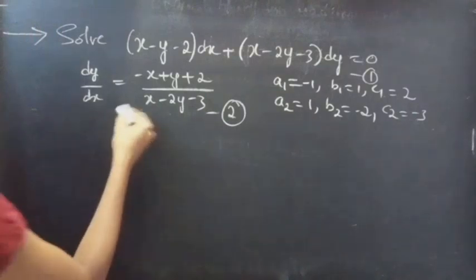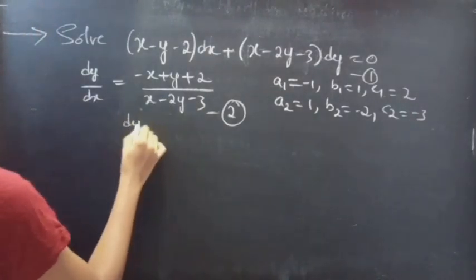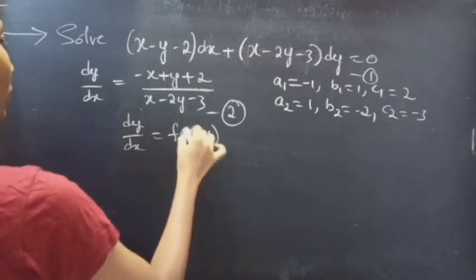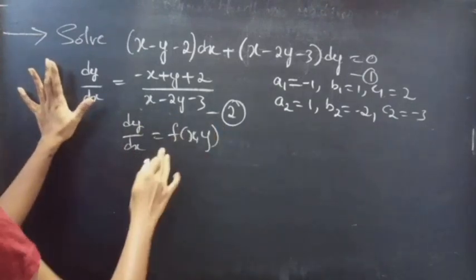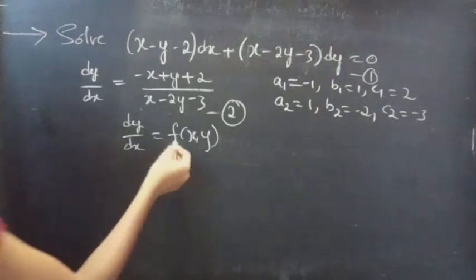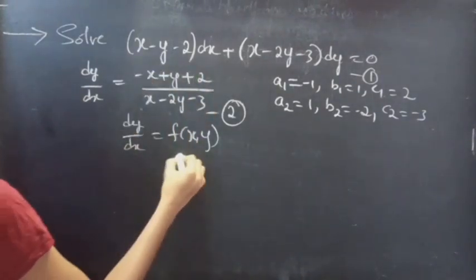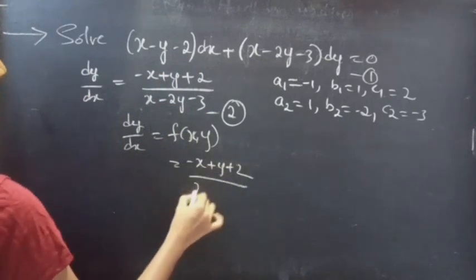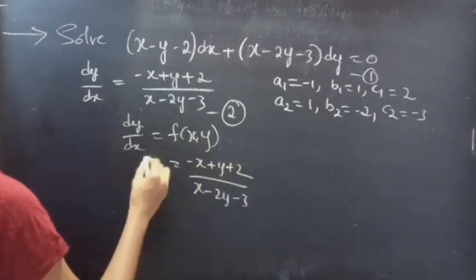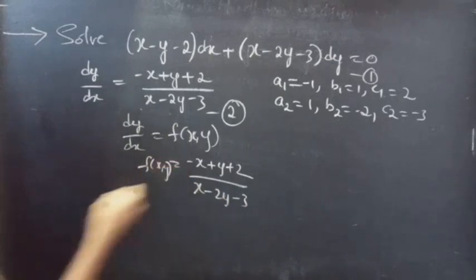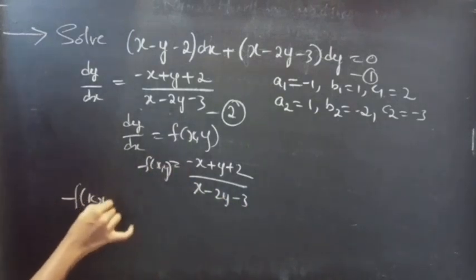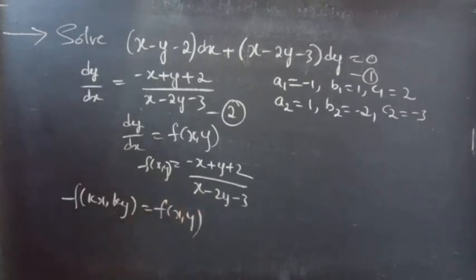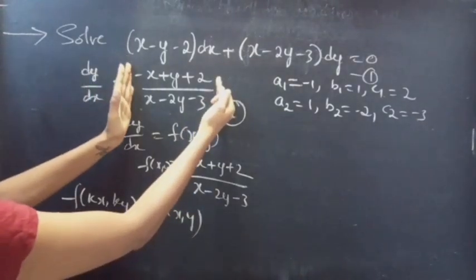Or simply, you can just consider it as dy by dx equals f of x, y form. Right, it is also in this form. So here f of x, y will be this function, (−x + y + 2) by (x − 2y − 3). If f of kx, ky equals f of x, y, then we can say that this function is a homogeneous function.